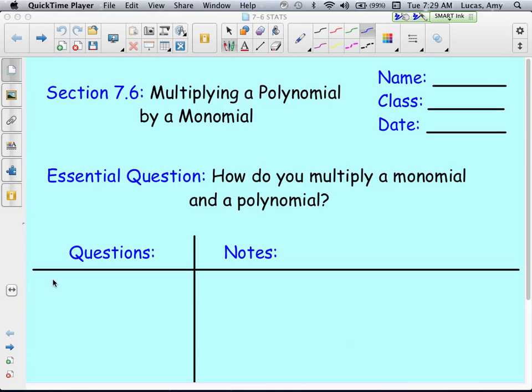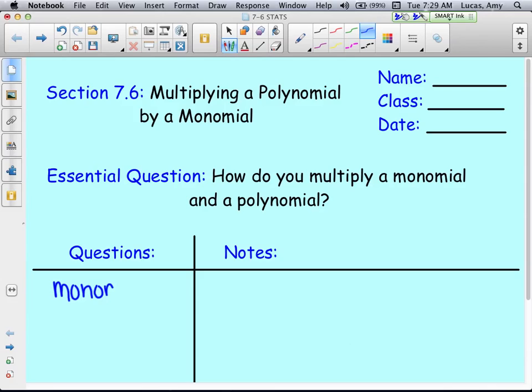You may remember from a previous section that a monomial means one term. And remember that that term could have a constant number, a variable, or a product of a constant number and one or more variables.